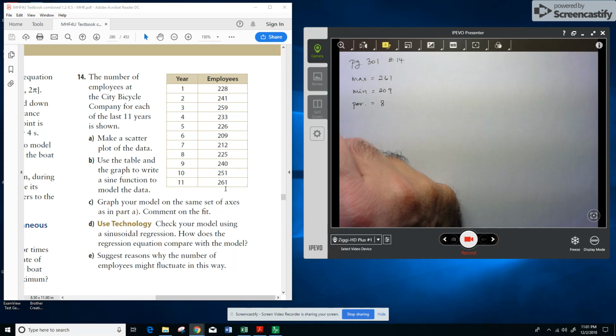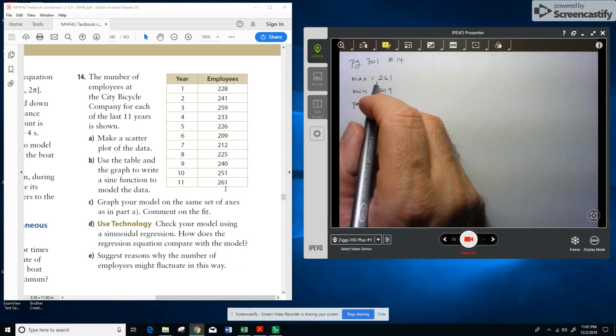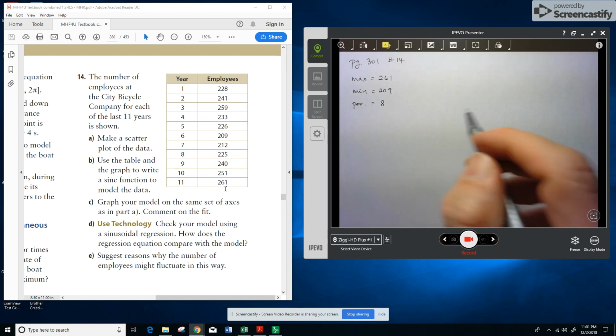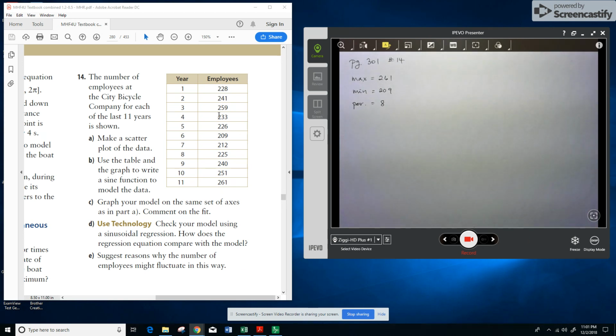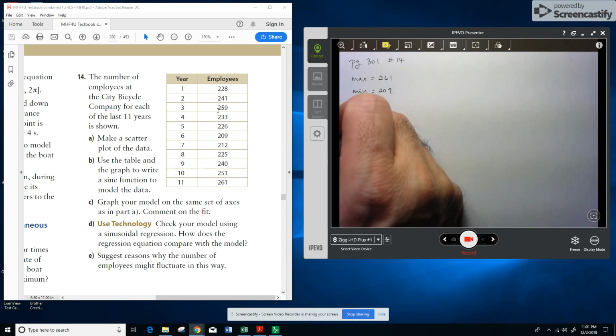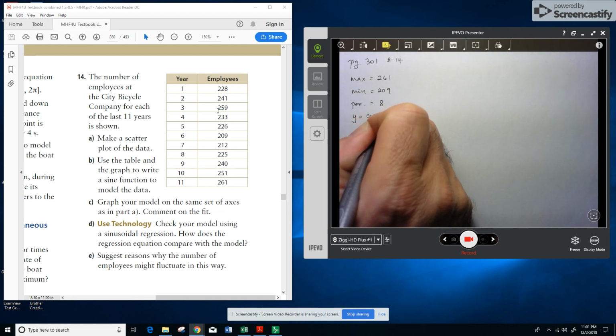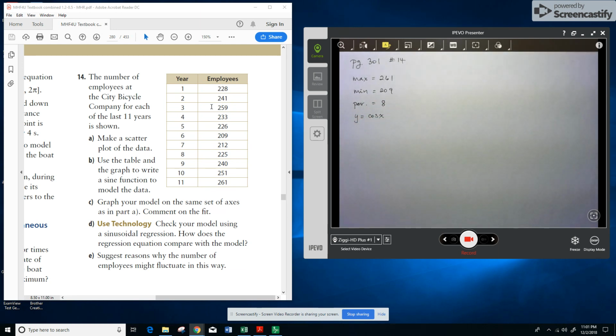With this I can determine A, C, and K. Now let's see if we need a phase shift. I'm going to focus on this value here, which is a maximum. Because I'm focusing in on a maximum, I'm going to use a parent function of y equals cos x. I see here that the maximum is offset by 3 years. If I start year 0 at the maximum, I actually want my maximum to occur 3 years afterwards.